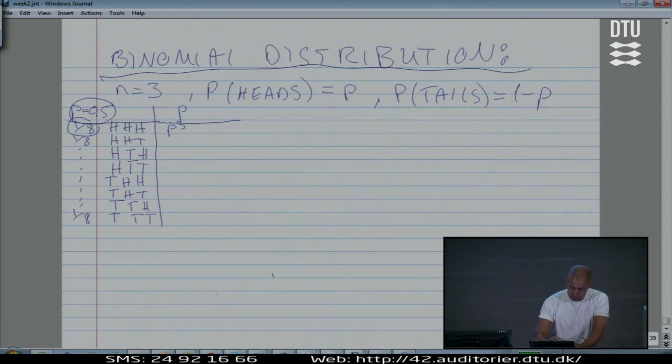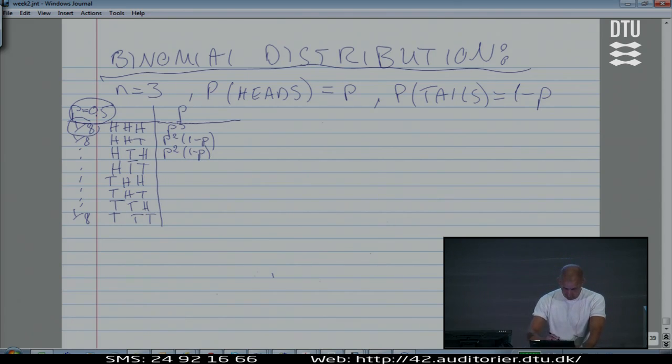So this is P squared times 1 minus P. What about heads, tails, heads? P times 1 minus P times P. When you multiply things together, the order of the terms doesn't matter. So, because there are 2 H's and 1 T, it's P to the second times 1 minus P.